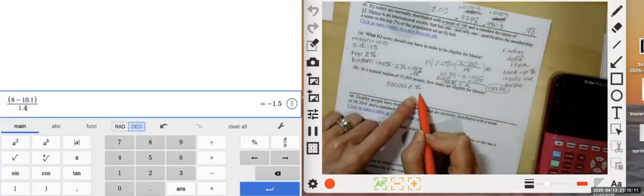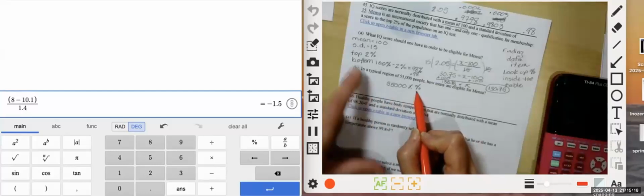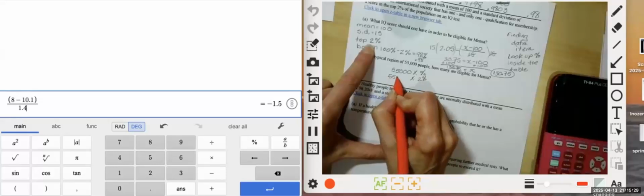So we're doing the top 2% of the 55,000. Of always means multiplication.